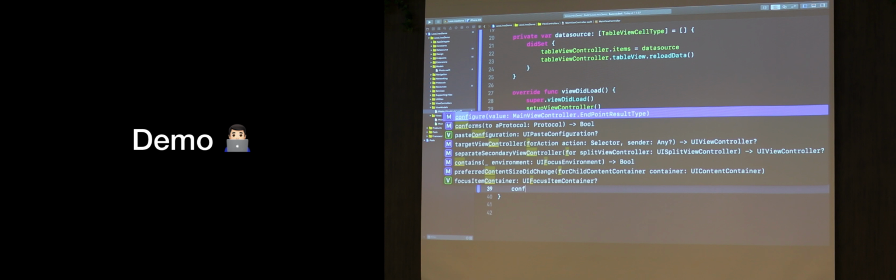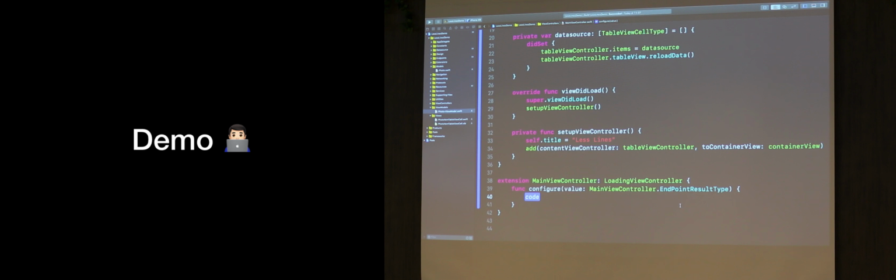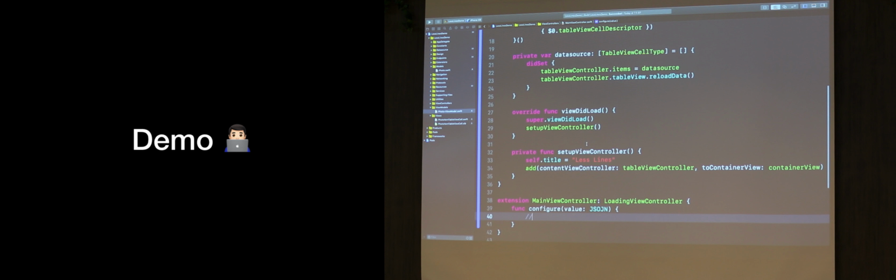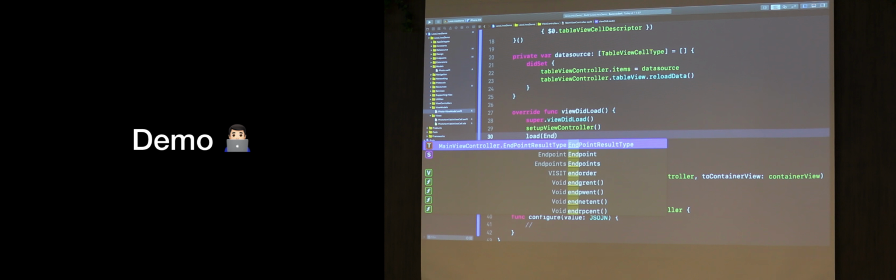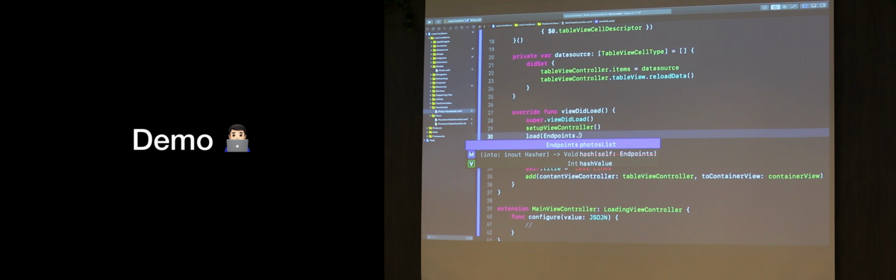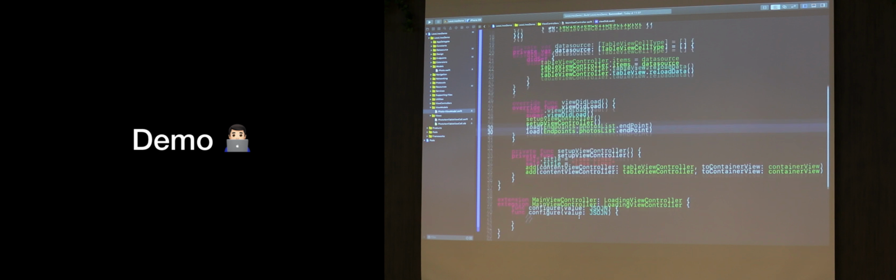And this one actually calls the function called configure and the JSON. I will do my work here. So I'm going to do load endpoint dot photos list dot endpoint, and I'm going to get the data here.